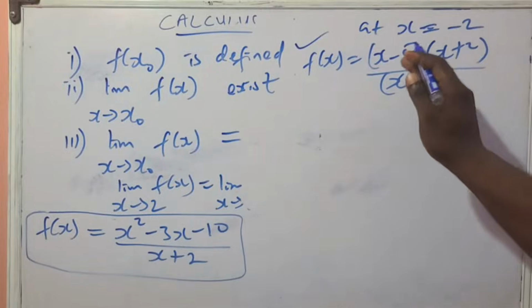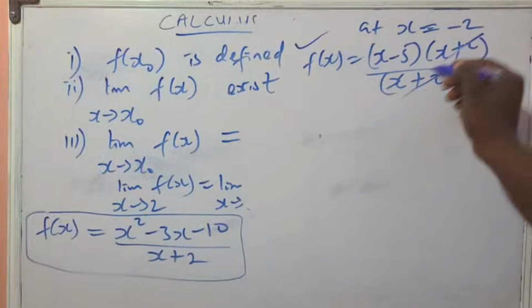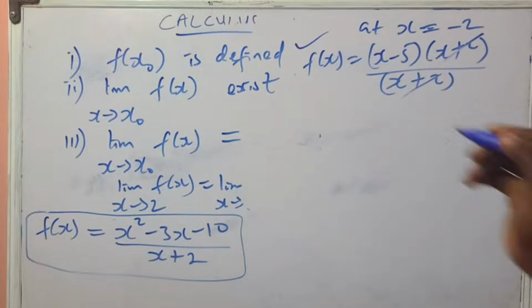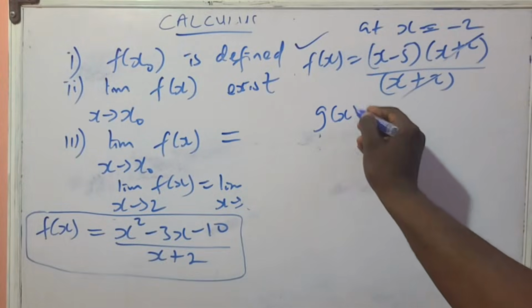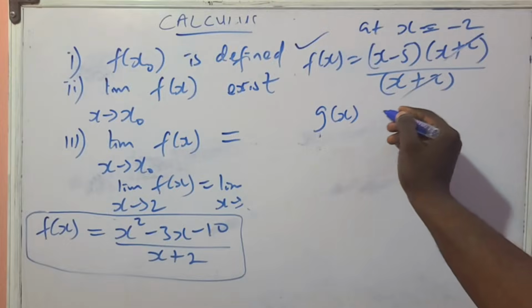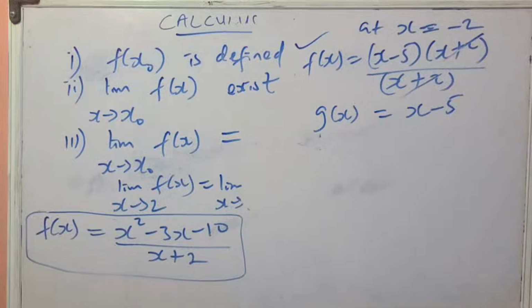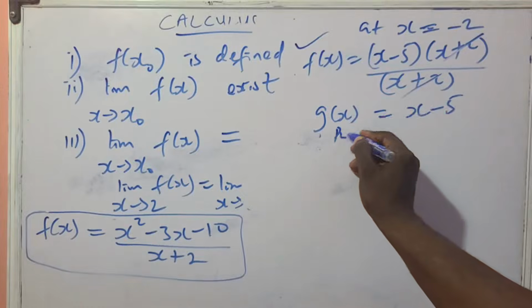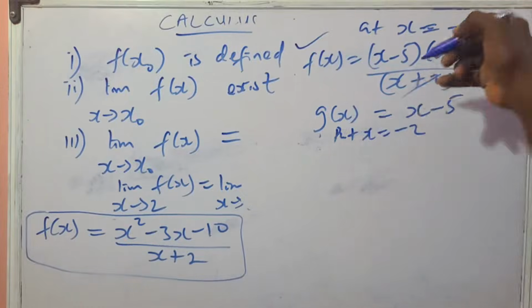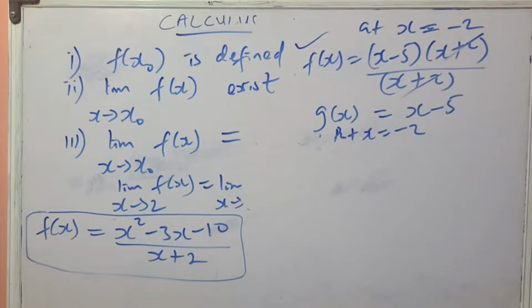So if I do this, of course, I can take out x plus 2. Now I have extended my function to get a new function, g of x, which is x minus 5. Now you want to confirm, has this point of discontinuity been removed or not? So put x equals -2, which was the point where you had discontinuity before.